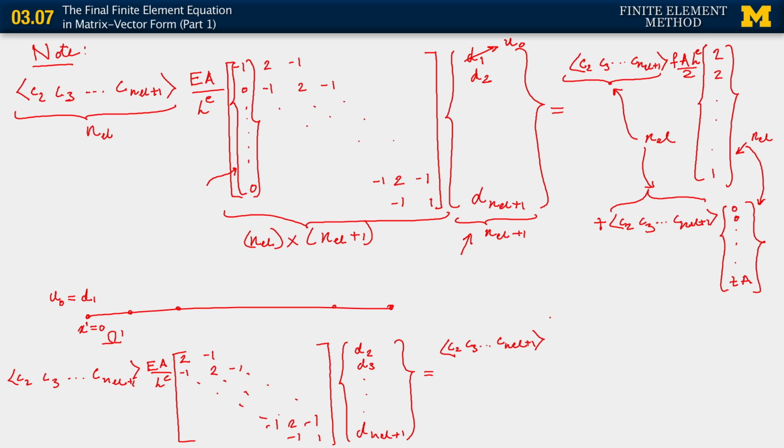Now, multiplying, I'm going to put all the column vectors together here. The first column vector is FAHE over 2, multiplying 2's all the way down except for the very last element, which is 1, plus another column vector filled with zeros all the way down to the very last entry, which is t times a.